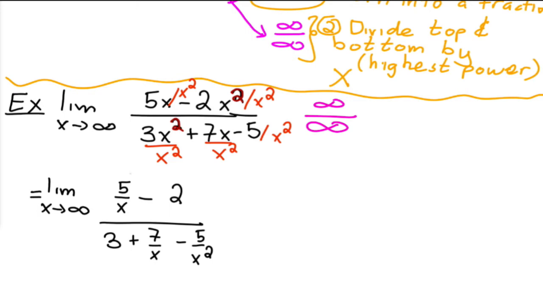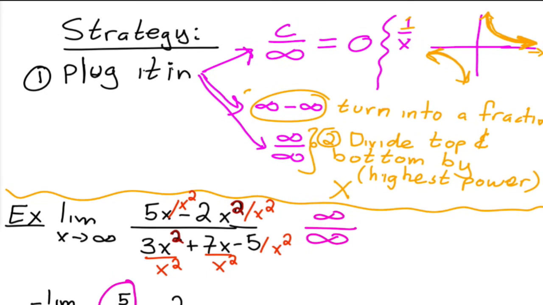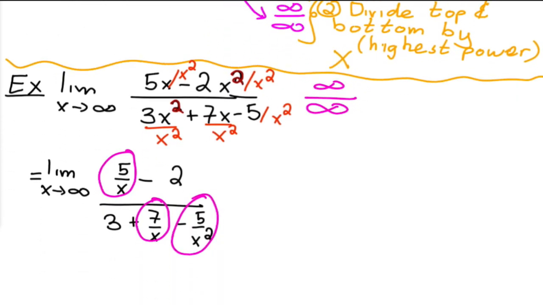Okay. And so notice that if x is going to infinity, what's happening to each one of these guys? We just talked about this up here. If you have a constant over infinity, that guy's going to be going to 0. It's going to be getting super, super small.